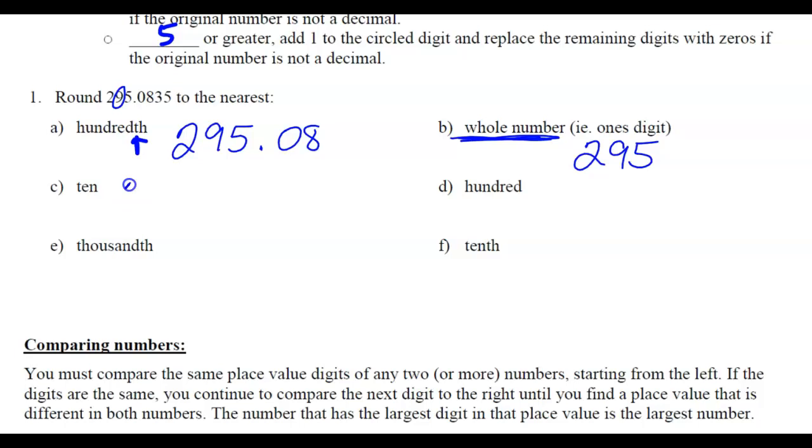The 5 to the right of the 9 makes the 9 go up by 1. Well, 9 going up by 1 is 10, so you carry the 1 over, and that's going to be 300. And if you think about it in money, $295 is very close to 300. If you're rounding to the nearest 10, then the rule is the 5 makes it go up. So the next tens is 300 if you're counting up by tens.